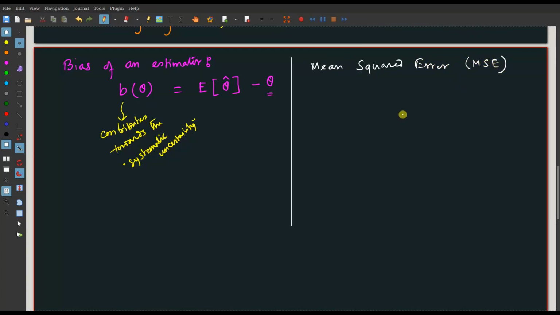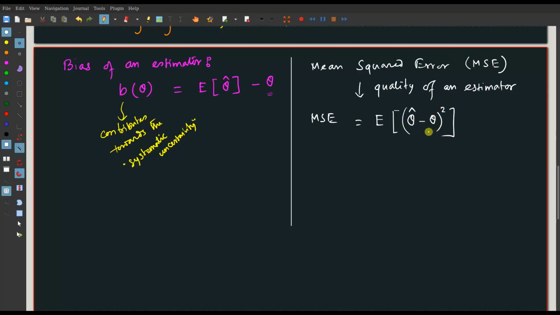Okay, and this dictates the quality of an estimator. And it is defined as, so this MSE is defined as the expectation value of (theta hat minus theta) whole square. So it kind of takes into account both these things.